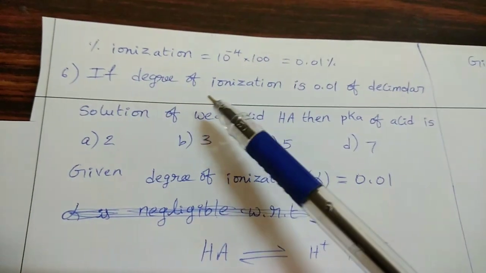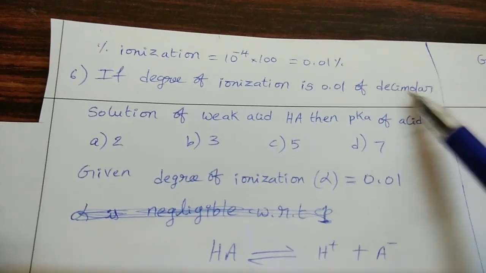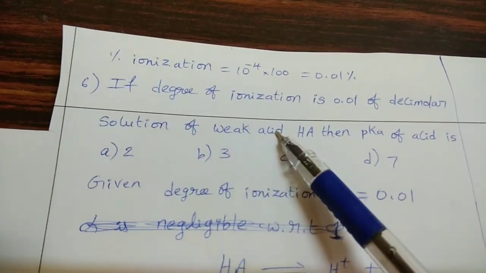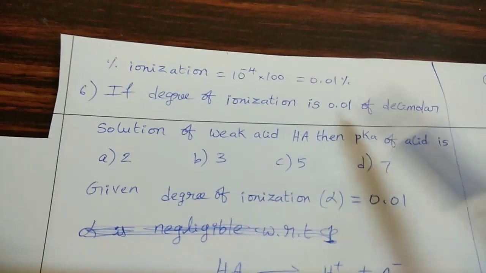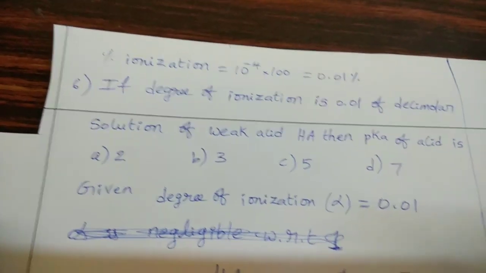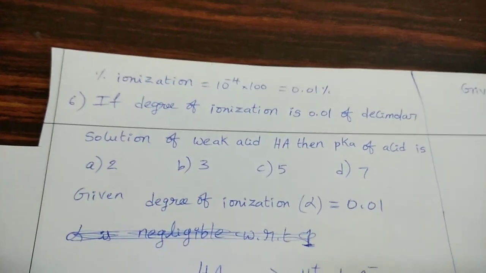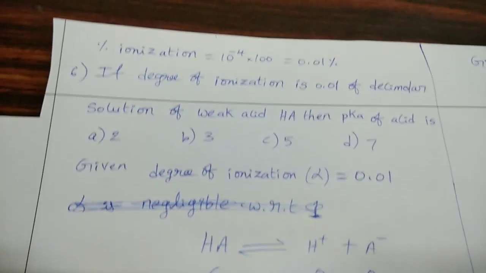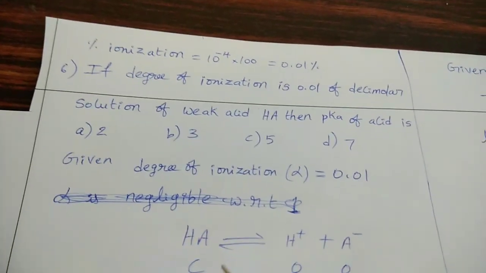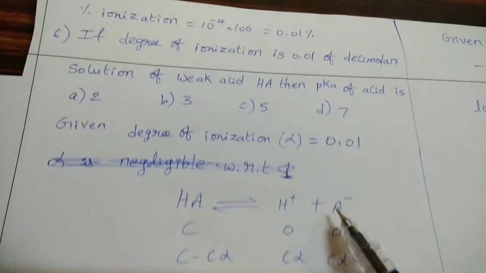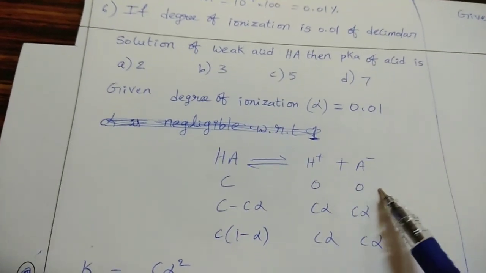Okay, next. If degree of ionization is 0.01 of a decimolar solution of weak acid HA, then what is the pKa of the acid? Here degree of ionization is given, pKa we should calculate. So given degree of ionization alpha equals 0.01. Now the given weak acid HA undergoes ionization like this, H plus and A minus, initial concentration C for this, 0, 0.